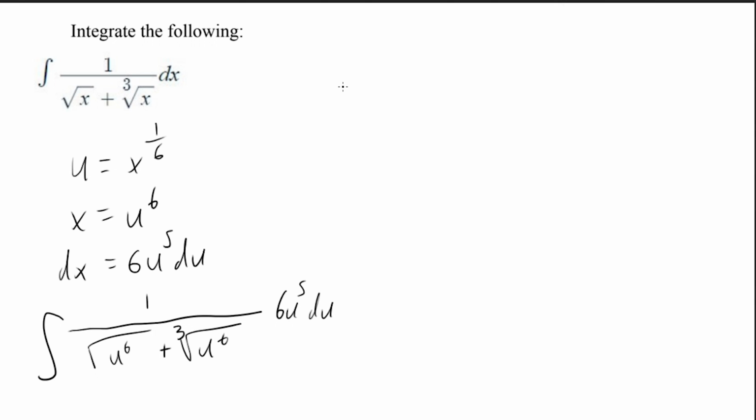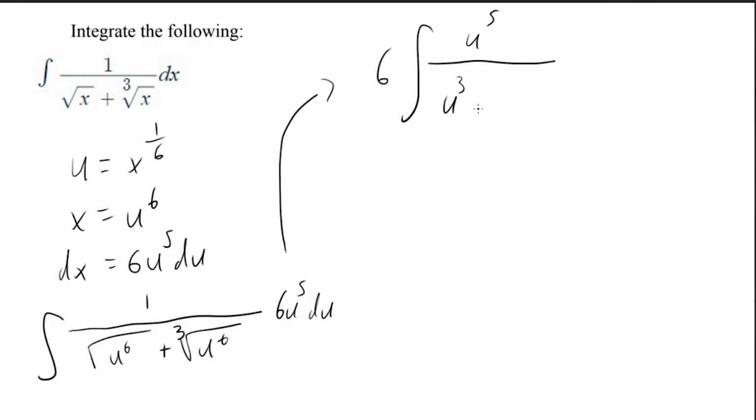And so then we can move this all up here, and we can take the 6 out of the integral right here since it's a constant, and we'll have u to the 5th over u to the 3rd, because the square root of u to the 6th is just u to the 3rd, and then the third root of u to the 6th is u squared. So plus u squared, and then du.